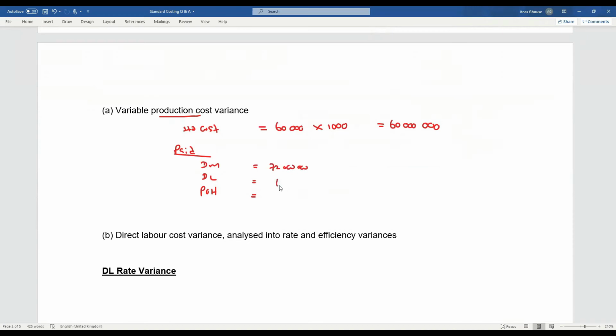If you take the total, that will be 80,800,000. So therefore, our total variable production cost variance will be 20,800,000, which is an adverse variance.